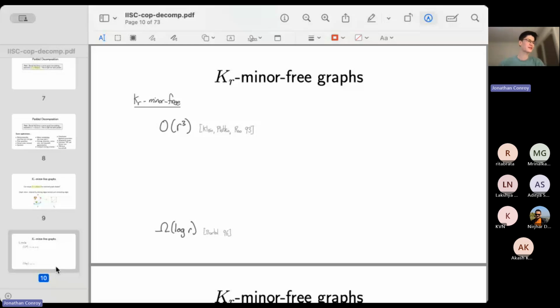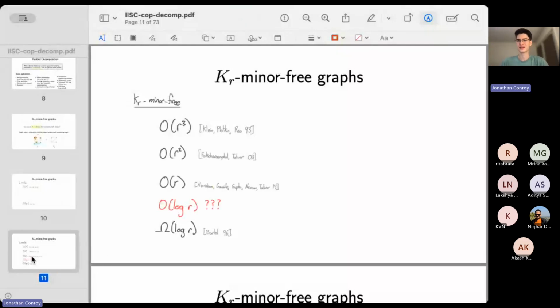Meanwhile, the lower bound is just log r, which is sort of trivial from the fact that any n vertex graph excludes a K_{n+1} as a minor, and Bartal showed that there are expander graphs that have padding parameter at least log n. So we have this log r lower bound in terms of the padding. And then it was an open question to try to close the gap between these two values.